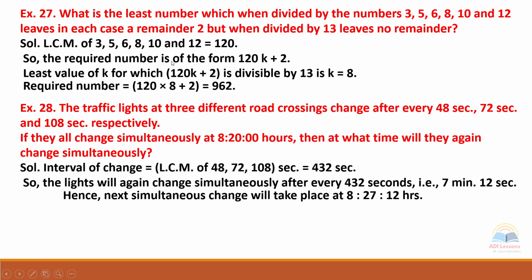The required number is of the form 120k plus 2. So the least value of k for which 120k plus 2 is divisible by 13 is k equal to 8. So required number is 120 into 8 plus 2, equal to 962.